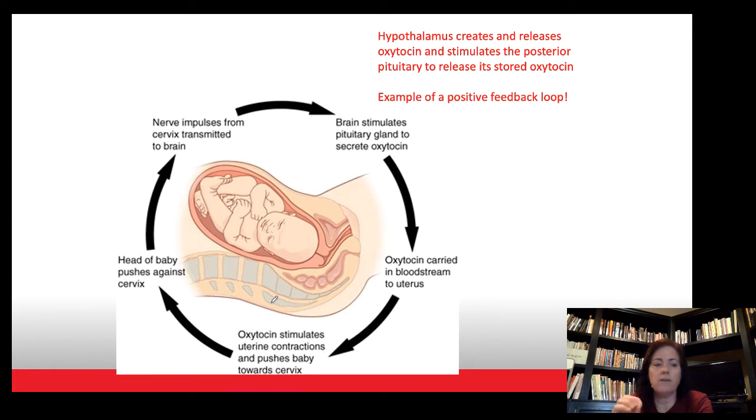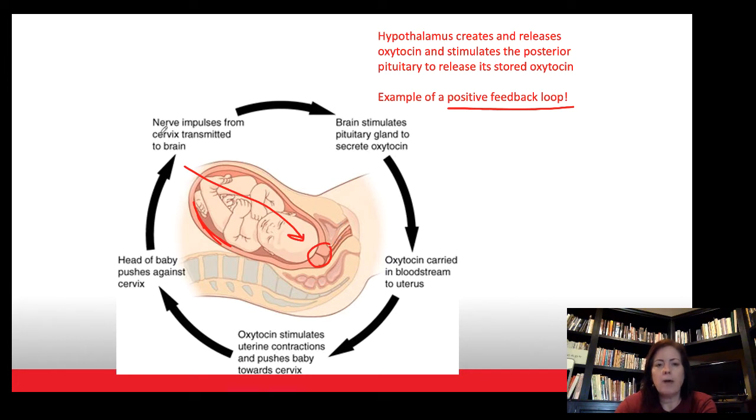This is one of the less common examples of a positive feedback loop. And so what happens here is that when we have contraction of the smooth muscle in the uterus during childbirth, it's basically pushing the baby down into the cervix, which is right at the opening of the uterus.